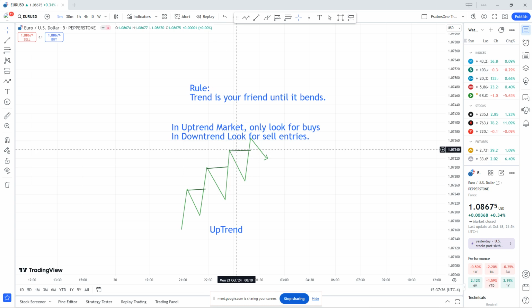Except you really know what you are doing, you should join them to buy in an uptrend. And the same goes for a downtrend.